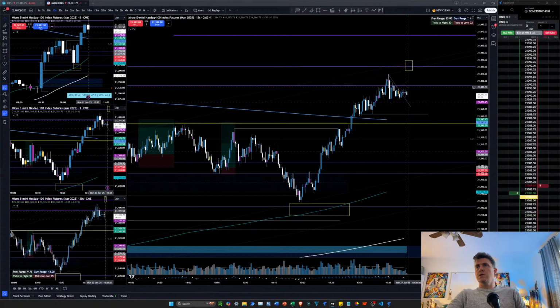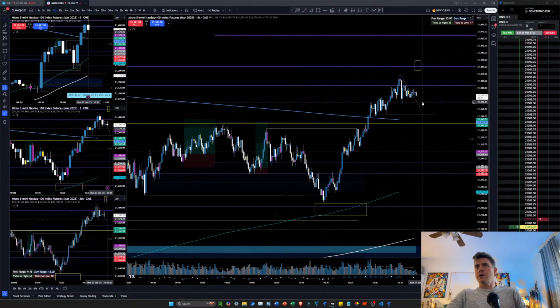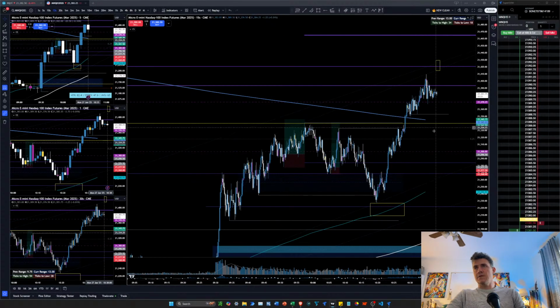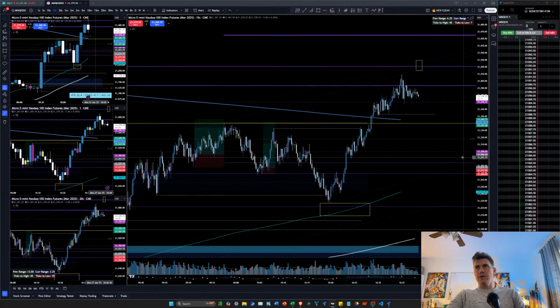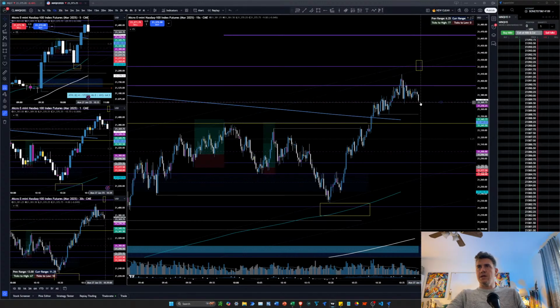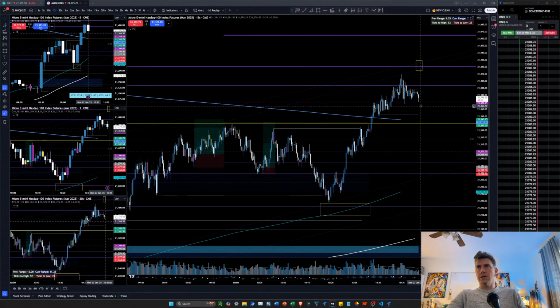So could get a small pullback here and then a failure. Because price has not continued either. It is Monday after all, and we have had a pretty good amount of movement. Tempting to take this long, actually.